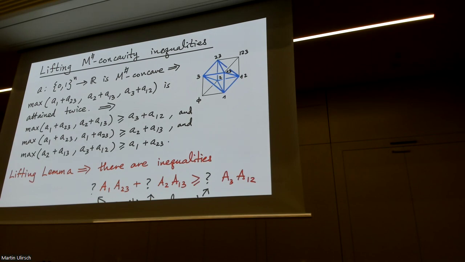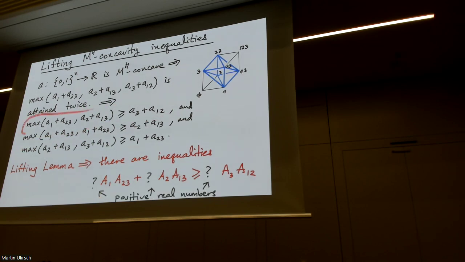But what are some of the tropical inequalities satisfied by our principal minors? All right, so here are some. We know that from the M-natural concavity, we see that the maximum is attained twice. These little a's are the valuations of the principal minors. So I can translate this max-attained-twice condition into three inequalities. Each of these is a tropical inequality. The Lifting Lemma says that, for example, if I take the first inequality, I should be able to lift it to the usual inequality of the same form.